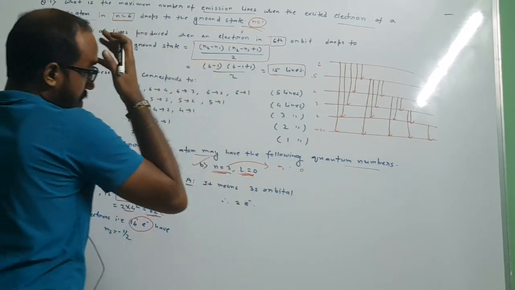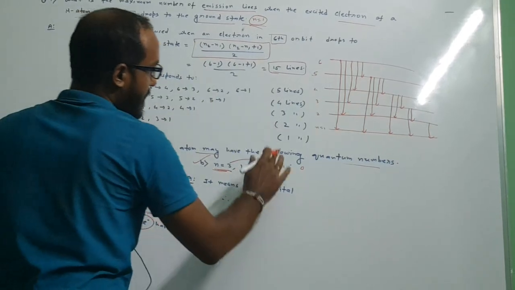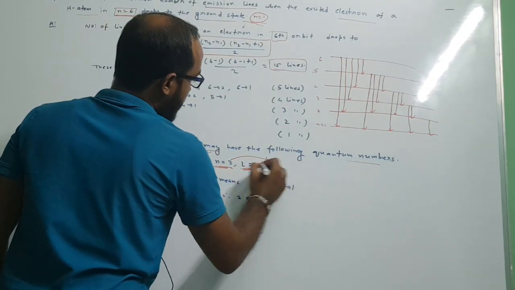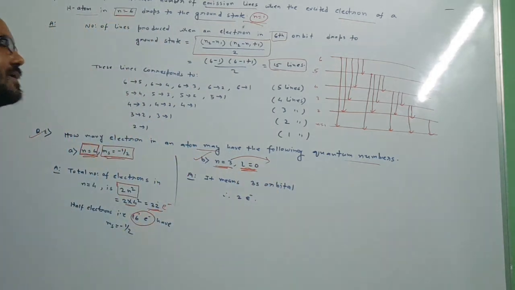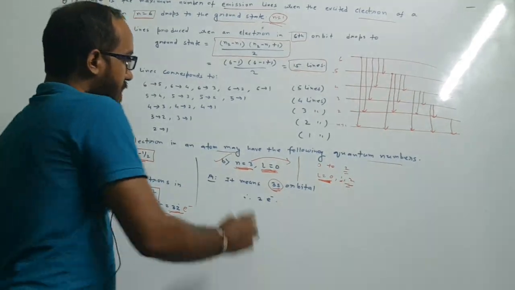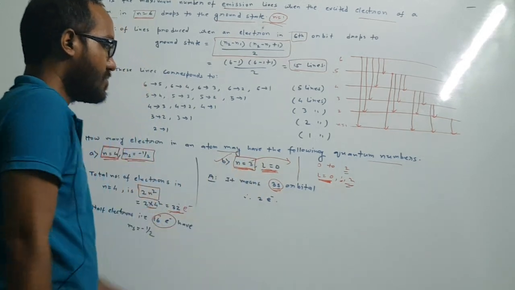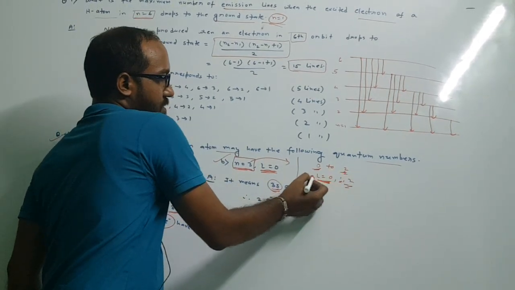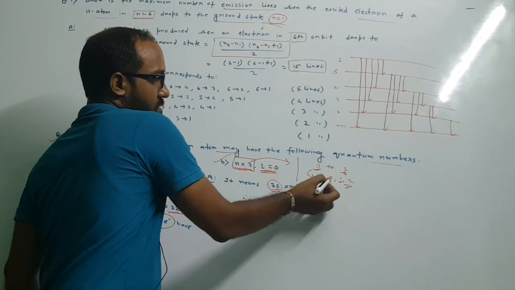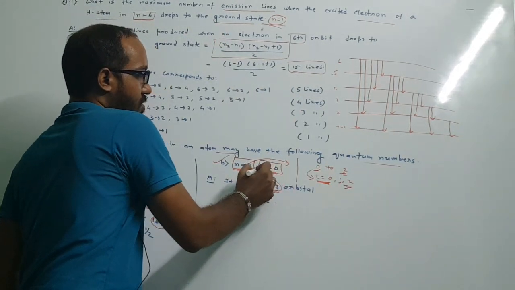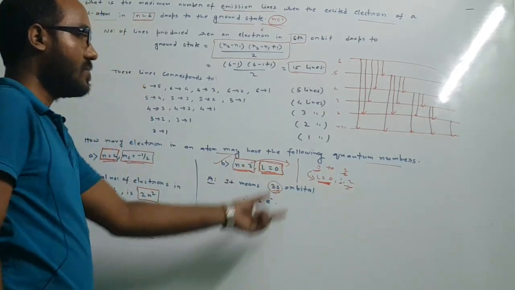So here n is given as 3, so our azimuthal quantum number would be from 0 to 2, that means l values can be 0, 1 and 2. Here the azimuthal quantum number is given as l equals 0.